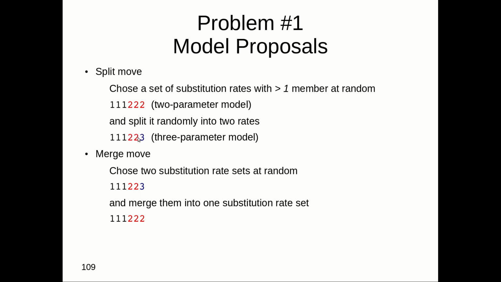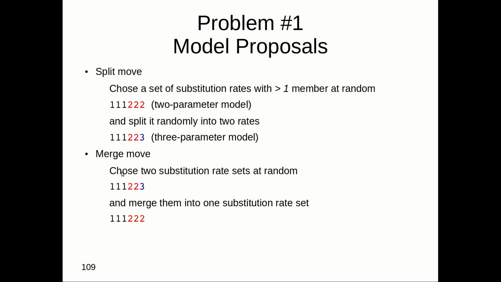Basically here we decided that the last rate, so this is probably the transition from G to T, will become a separate parameter, and now we have a three-parameter model. So this allows us to propose a new model, going from a two-parameter model to a three-parameter substitution model.